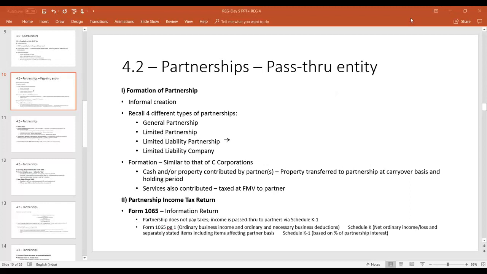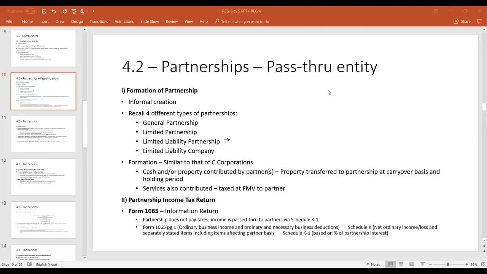Formation is non-taxable, similar to C corporations, though in C corporations we call it a Section 351 transaction. There's no such tag over here. The formation is through a transfer of cash and property, where the property is at carryover basis and holding period.